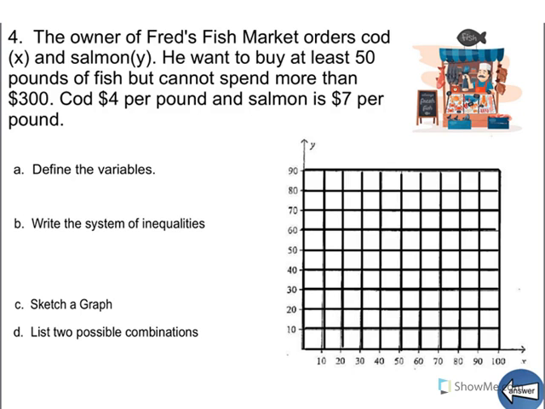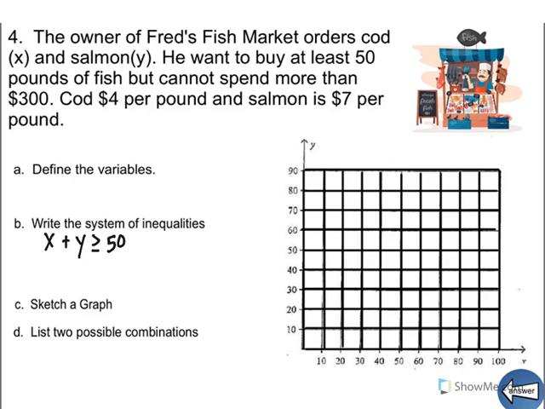Okay, if we're looking at a real-world problem, we have the owner of Fred's Fish Market orders cod x and salmon y. He wants to buy at least 50 pounds. So if I'm writing my inequality for this one, it would be x plus y is greater than or equal to 50.